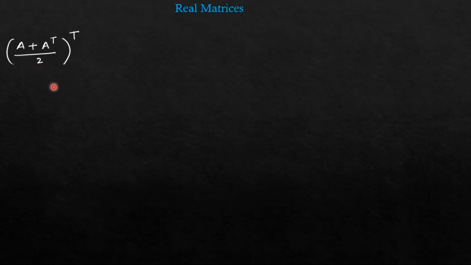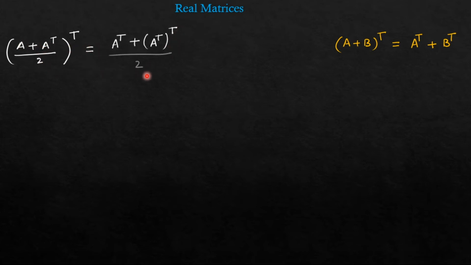If you take the whole transpose, then we know the property that A plus B whole transpose is equal to A transpose plus B transpose. By using this property, I can expand this. You will get A transpose plus A transpose whole transpose divided by 2. So we will get A transpose, and A double transpose is equal to the original matrix, that is A, upon 2.